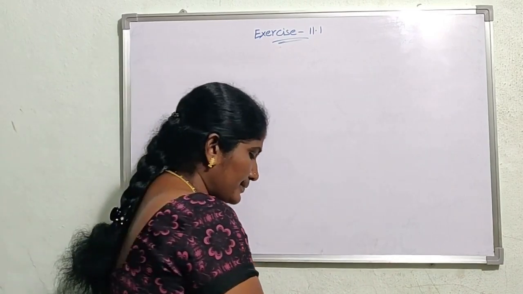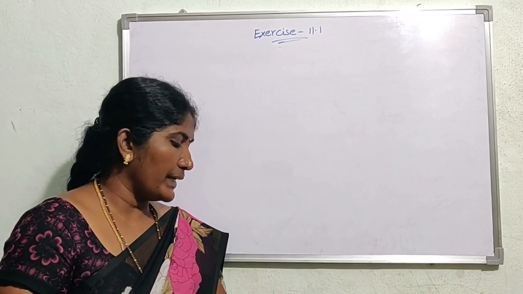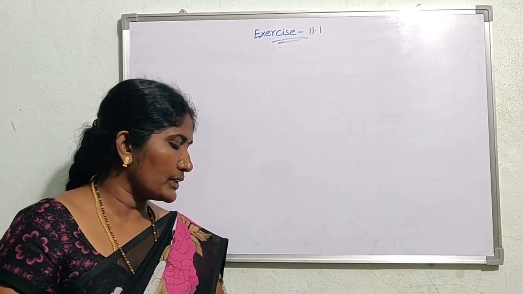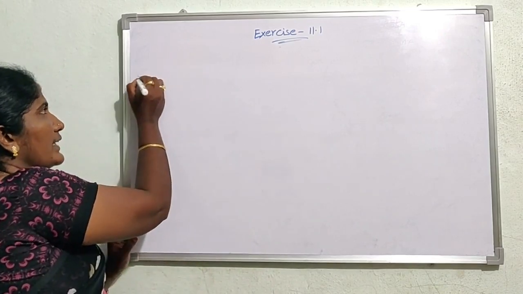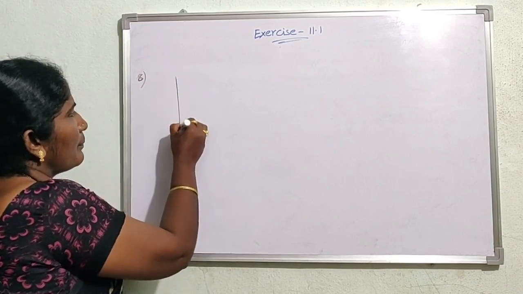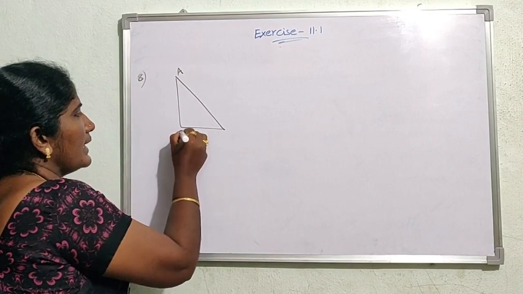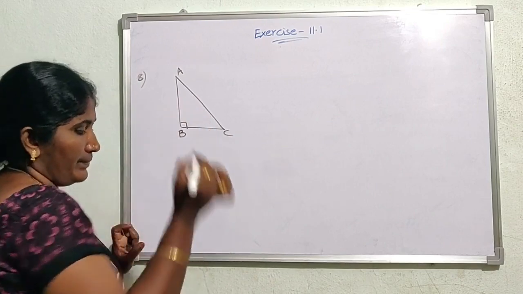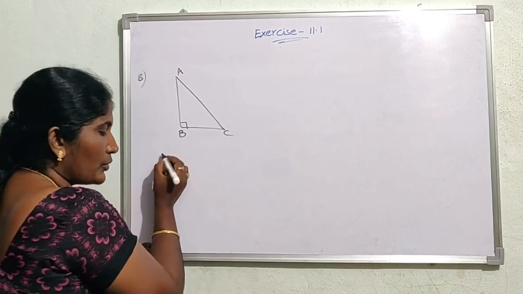Last question. In a right angle triangle ABC, right angle is at B. If tan A is equal to root 3, then find the values of. Here they gave right angle triangle ABC, right angle at B. Tan A is equal to root 3.